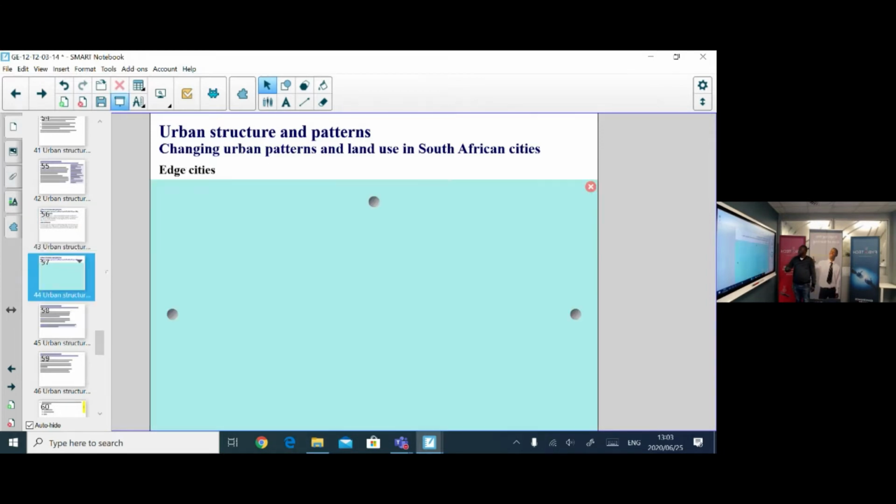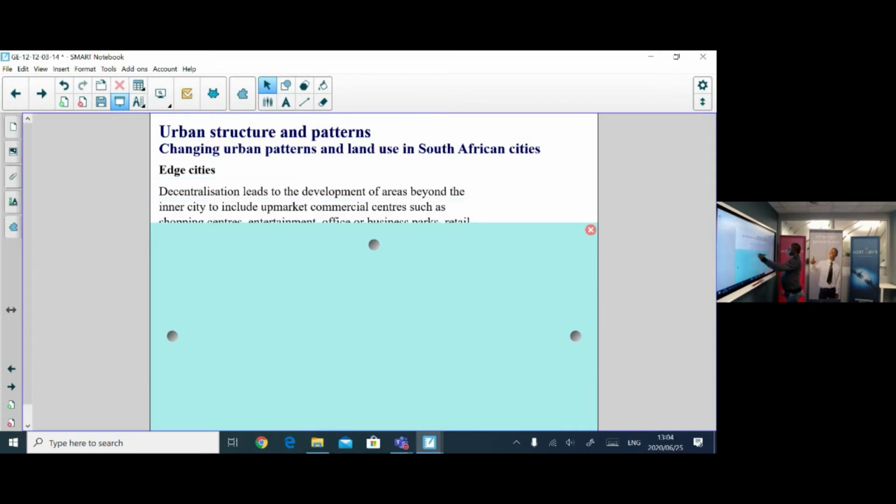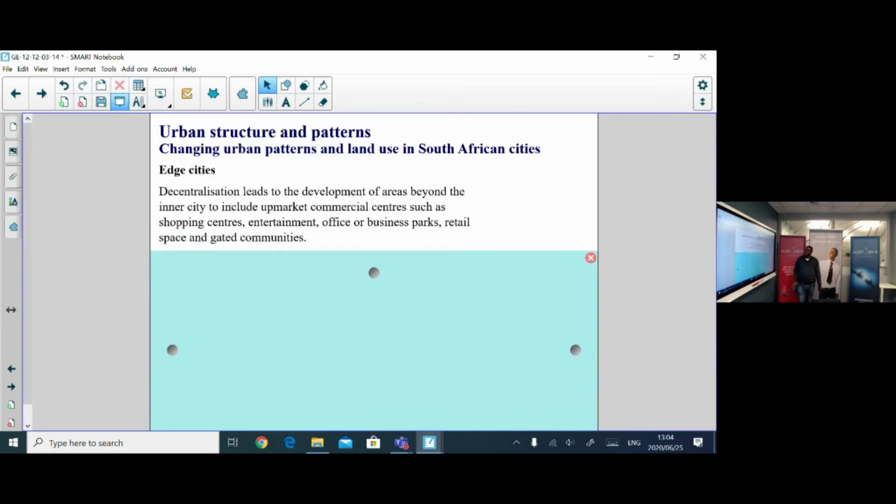Then this is one slide that we had not visited yesterday, and we want to look at what we call the edge city. These edge cities are commercial centers that are created outside of the CBD in an effort to decentralize the functions of the CBD.